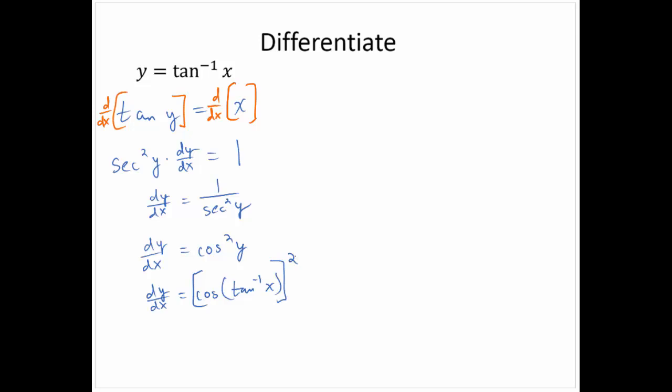All right, now we use that same diagram idea. If y equals tangent inverse x, then tangent inverse gives me, again, an angle between negative pi over 2 and pi over 2.